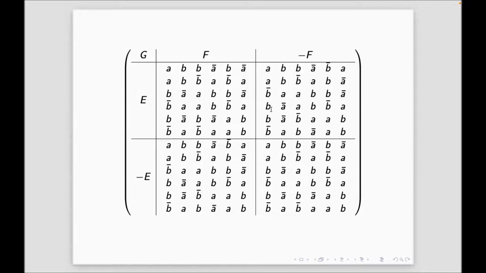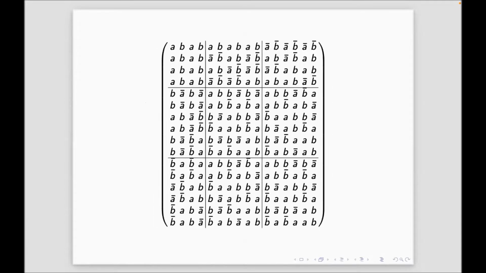Anyways, so now I'm going to just fill up E and minus E, and we can see that this is E, this is minus E, this is F, and this is minus F, and we fill up the part in here. And indeed, this is now giving us a splitted orthogonal design, order 16, in 2 variables.